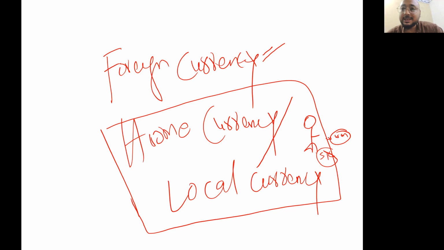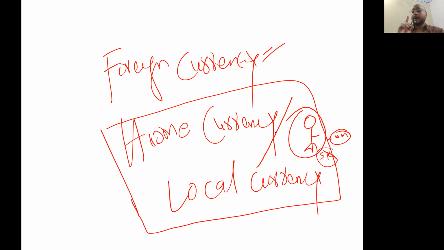If you are dealing with Indonesia, then Indonesian rupee is foreign currency. So it depends on your perspective. If you are in Malaysia, the Malaysian ringgit is your home currency, and if you are dealing with China, then China is your foreign currency. So it depends on your perspective.